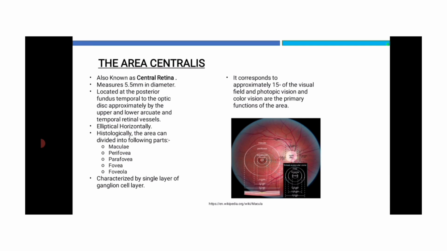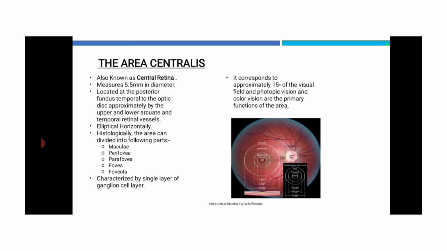It is anatomically defined by the upper and lower arcuate retinal vessels and has an elliptical shape horizontally. From a histological perspective, the area centralis is further divided into key parts, and they are macula, perifovea, parafovea, fovea, foveola, and umbo.